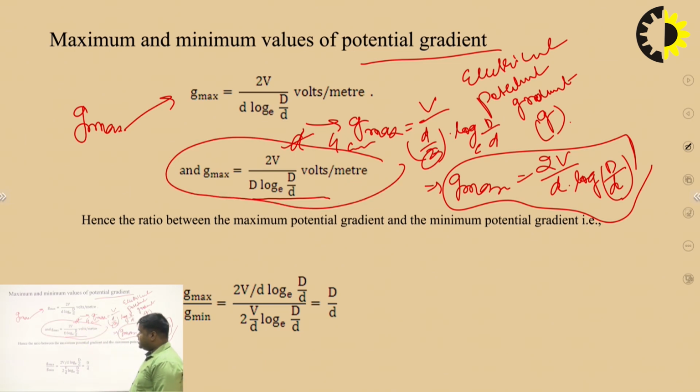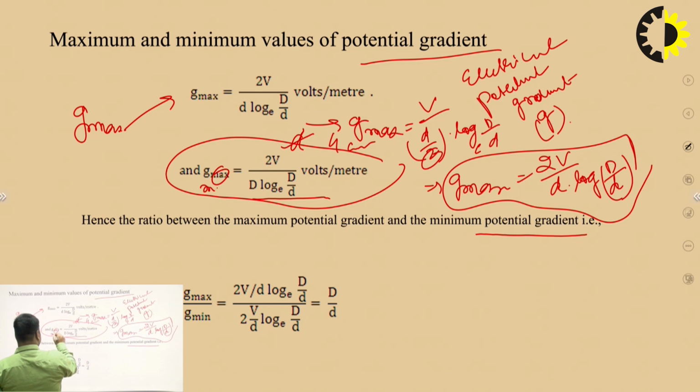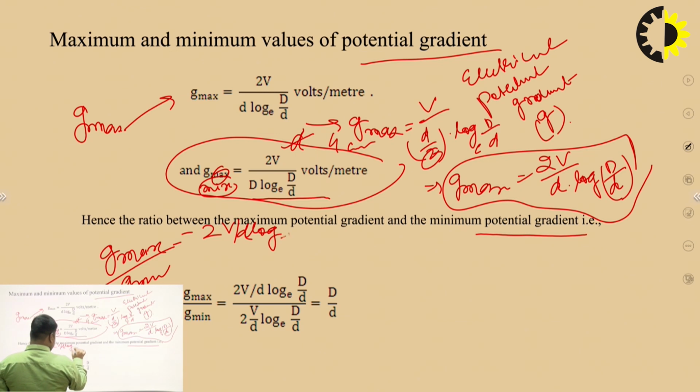Hence, the ratio between the maximum gradient and the minimum potential gradient. Actually here it is G minimum, there is a printing mistake. So G max and G minimum are in the ratio 2V by d log D by d and 2V by D log base e D by d.